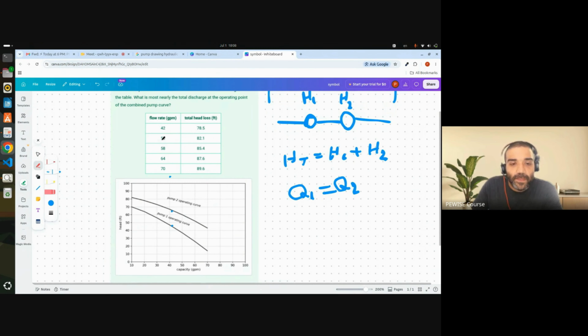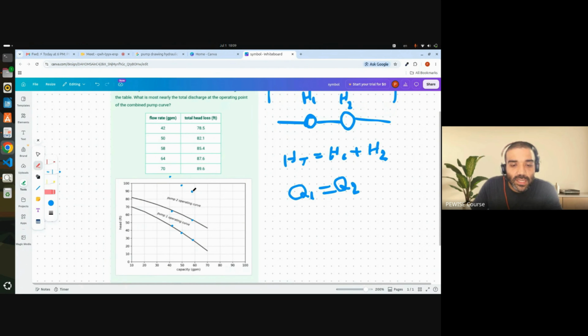Then at 50, we have 38, let's say, and 60, it will be 98. So the second point is here of the total head. Then at 58, this is like 38, this one is also 52, so 90.